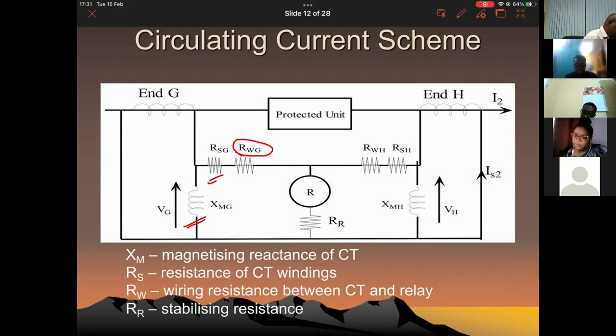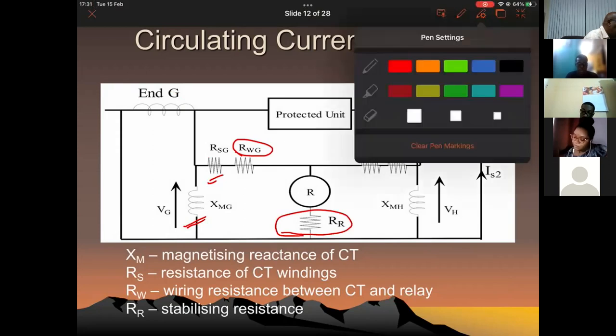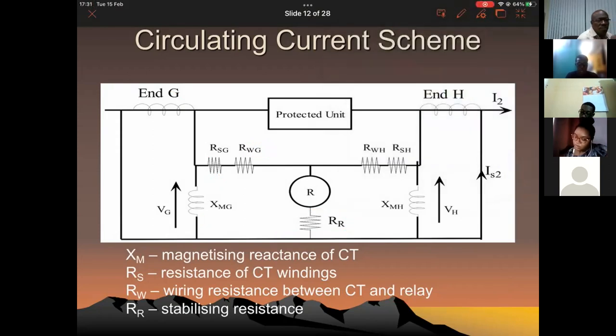And our focus for the circulating scheme is to determine RR. All right. So what are we concerned about here?